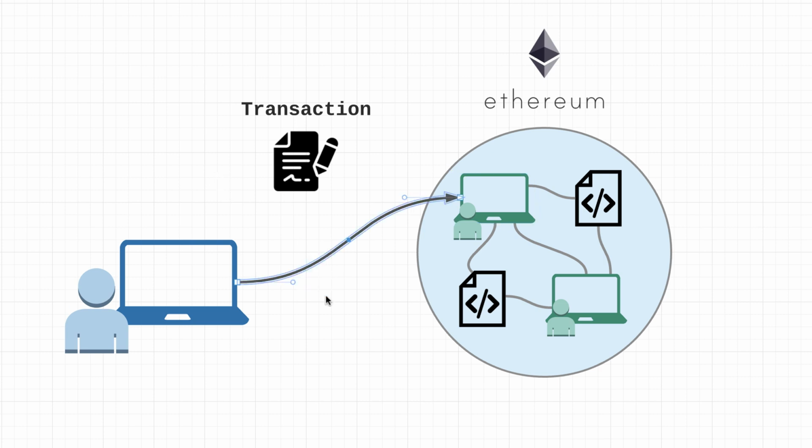Now, on that note, transactions can also be instructions to the network to execute smart contracts. Now, an important point to make is that all transactions are always initiated by an EOA. In other words, by a human or an account with a private key. Contracts, however, once triggered, let me draw a little arrow here.